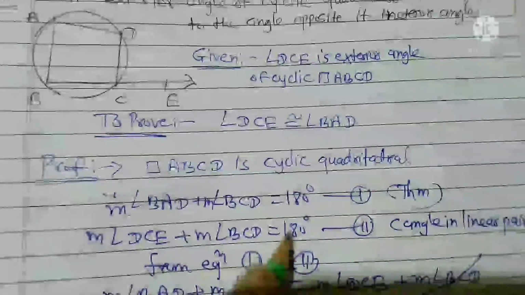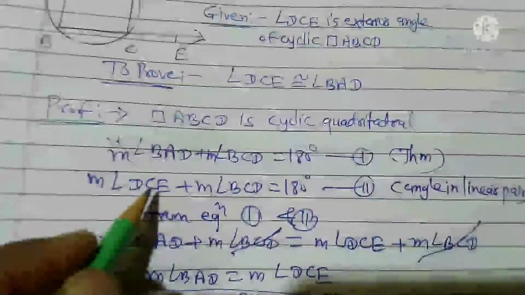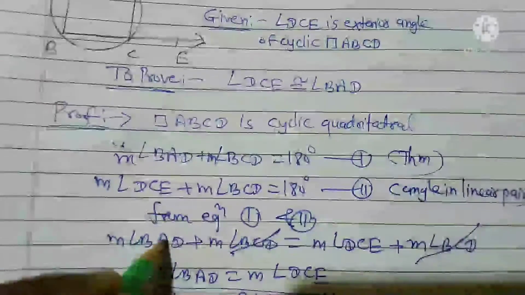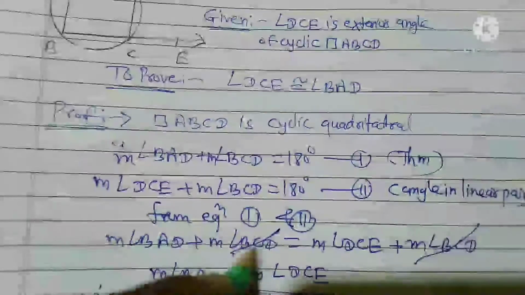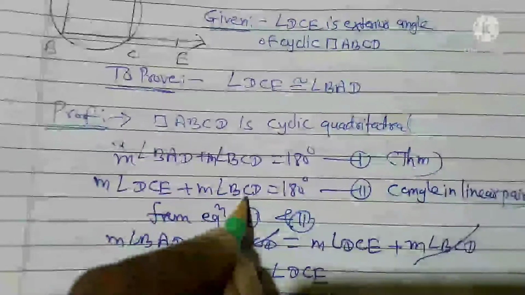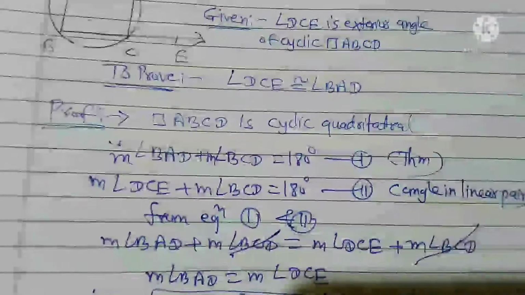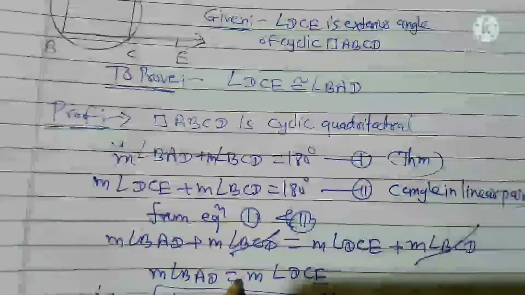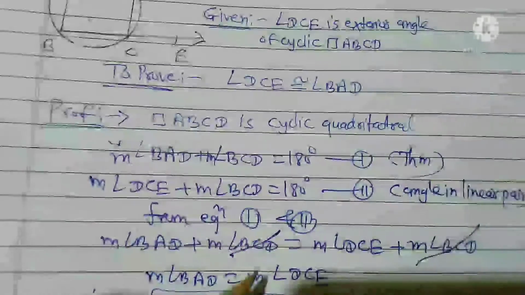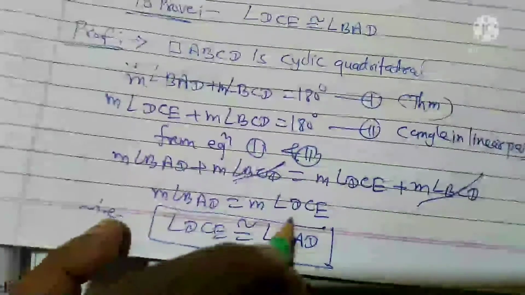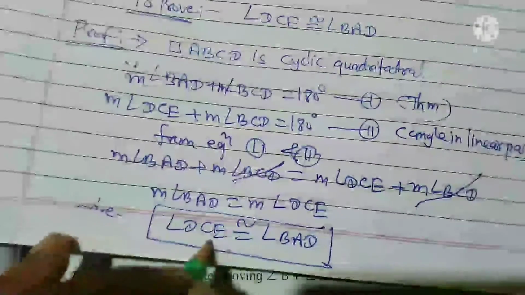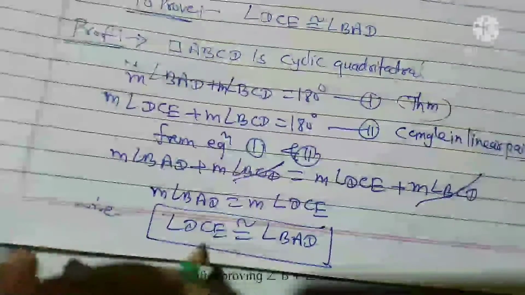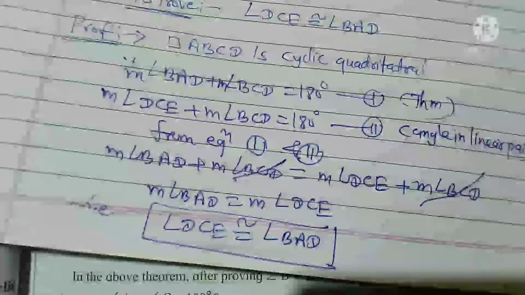From equation 1 and 2, right hand sides are equal, so left hand sides are equal: angle BAD plus angle BCD equals angle DCE plus angle BCD. Angle BCD is the same, so both cancel. So angle BAD equals measure of angle DCE, meaning angle DCE is congruent to angle BAD. This is the exterior angle of cyclic quadrilateral theorem.